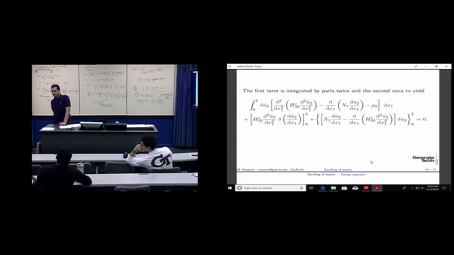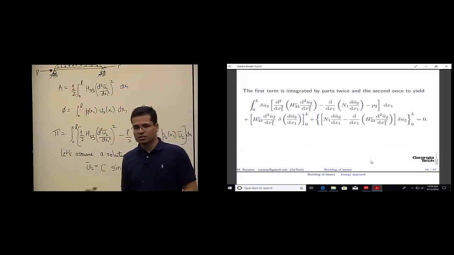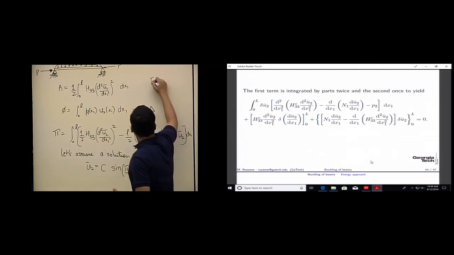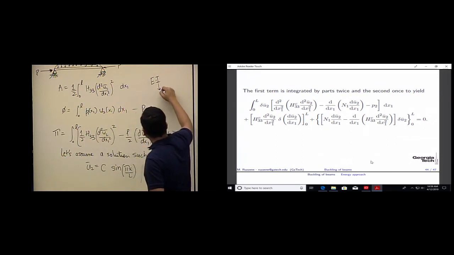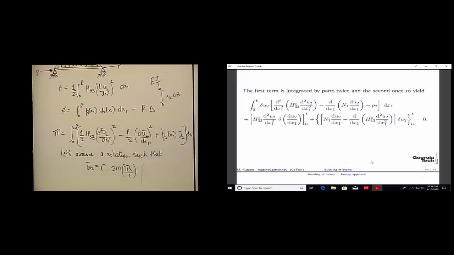If sigma equals E epsilon cubed, how do you solve this? If sigma is E epsilon cubed, the energy is no longer this expression, right? Now you cannot define H33 as EI, because in that EI, I is the integration over the area of x2 squared dA, right?